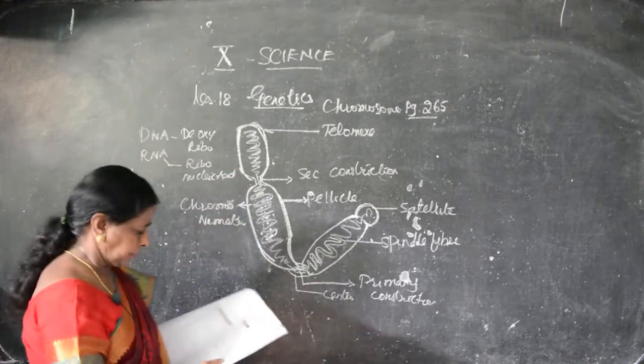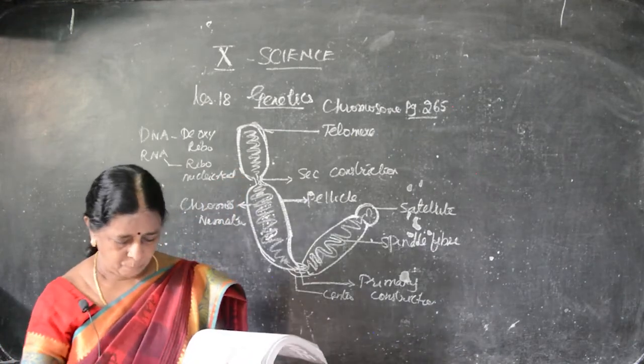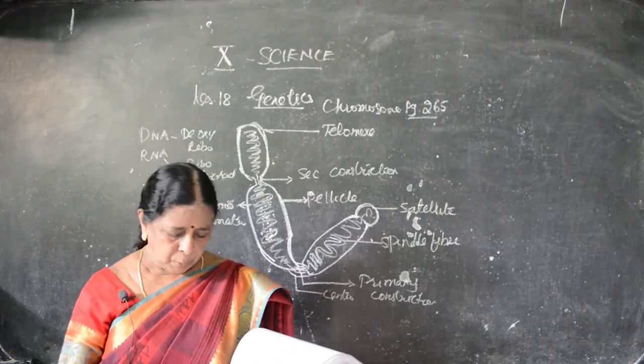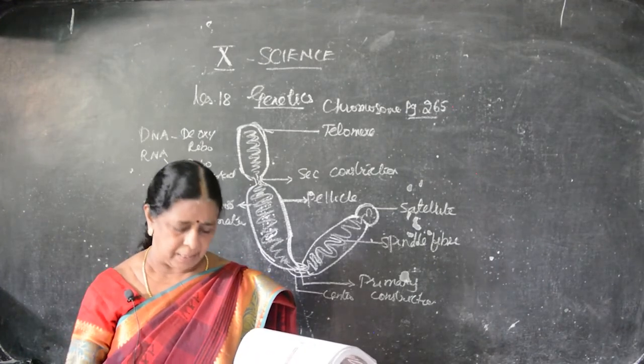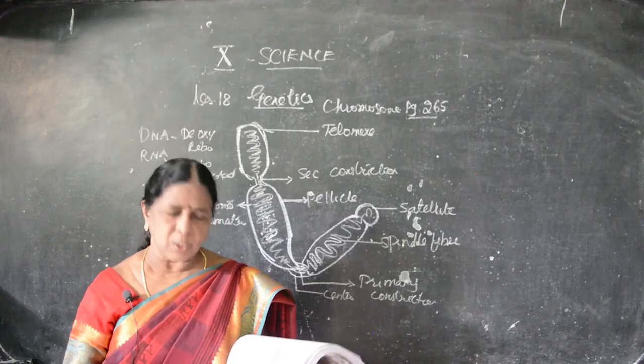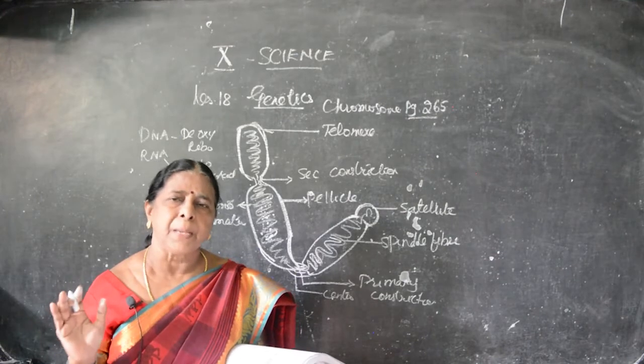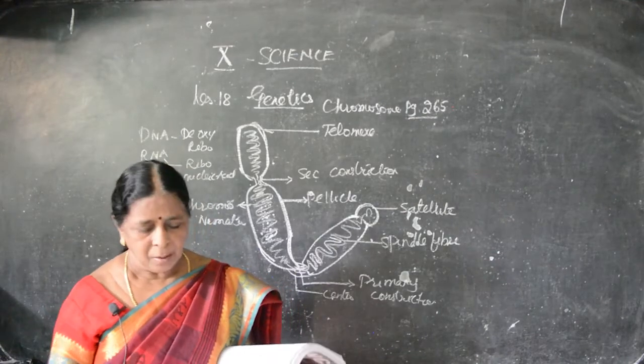Clear? The chromosomes are made up of DNA and RNA, chromosomal proteins and certain metallic ions. These proteins provide structural support to the chromosome. All our internal parts certainly have protein, which helps for the growth of the organism.